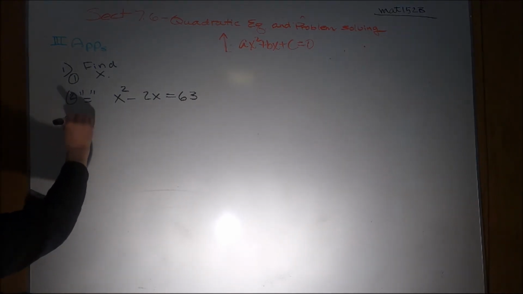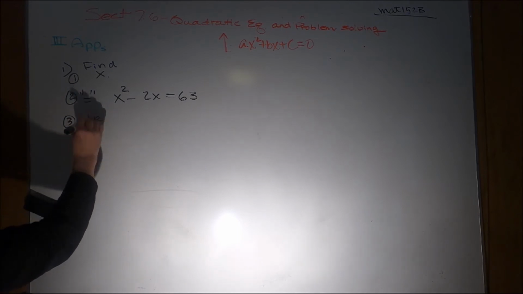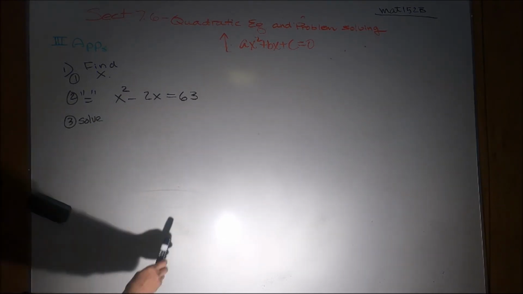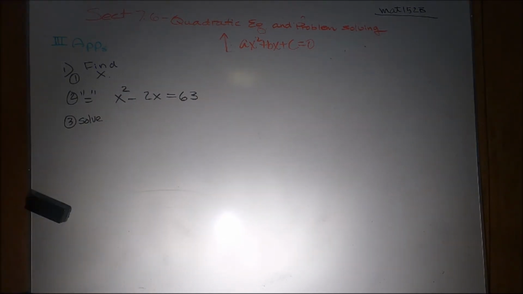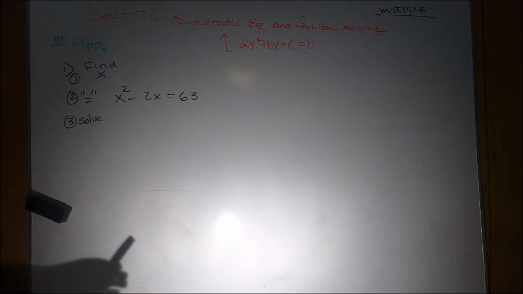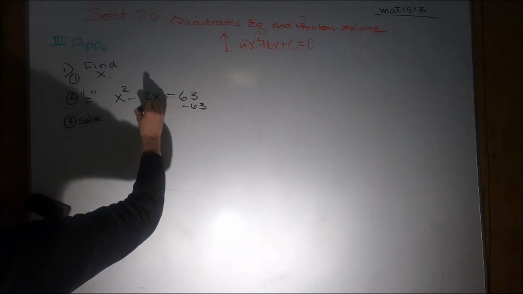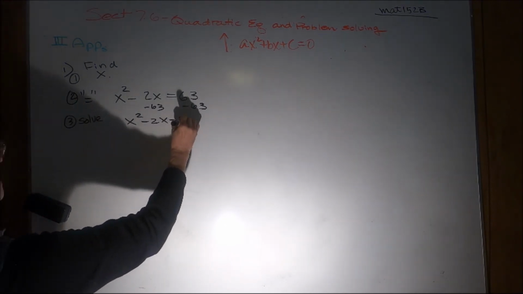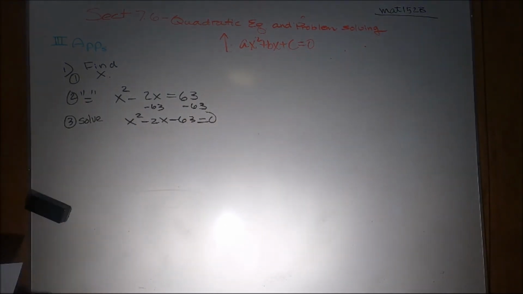Then third step, you will solve it. Right? What kind of equation do we have? Quadratic equation, but not in standard form. So you need to write it in standard form. You will have x squared minus 2x minus 63 equals 0, right?